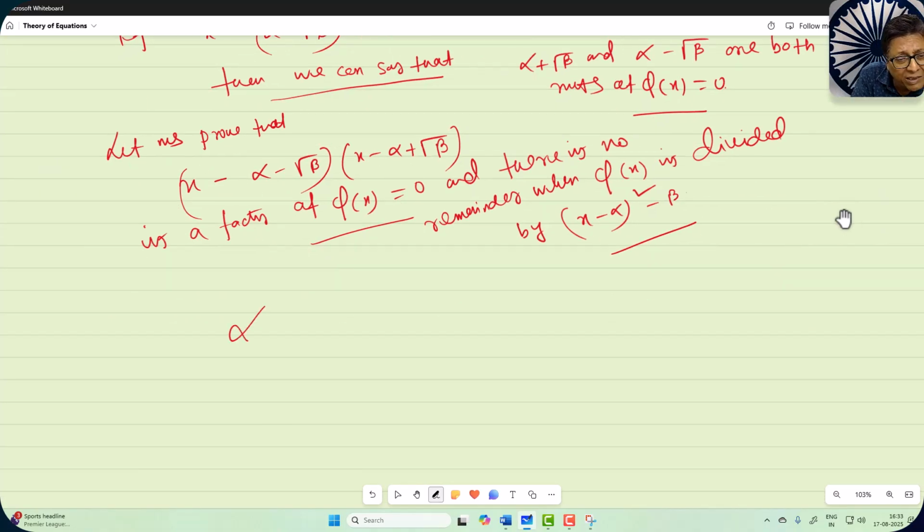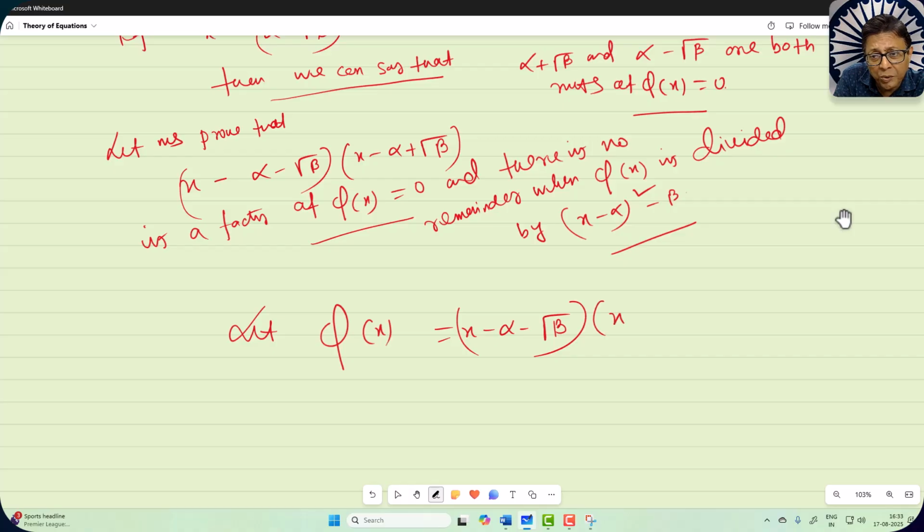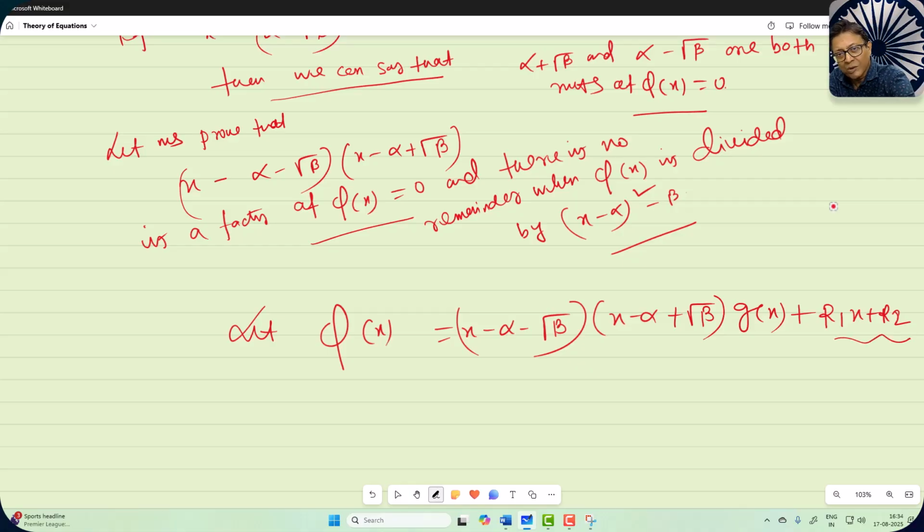You start this manner, let phi x equal to the quadratic into gx plus r1x plus r2. In polynomials you have done that when phi x is divided by a quadratic, the remainder will be a polynomial of degree 1 only. It's a first degree polynomial. Now this is satisfied by phi alpha plus root beta equal to 0.